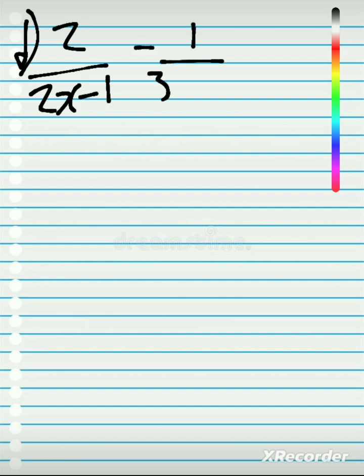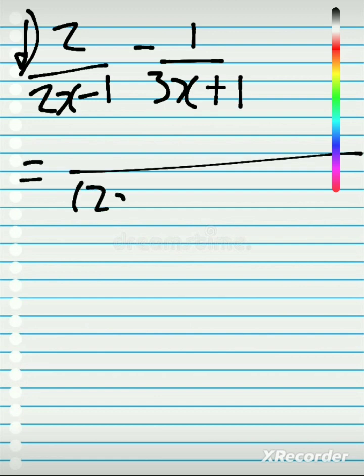We go to D. So D, we have 2x minus 1 over 3x plus 1. Okay, so common denominator here, it's 2x minus 1, 3x plus 1.